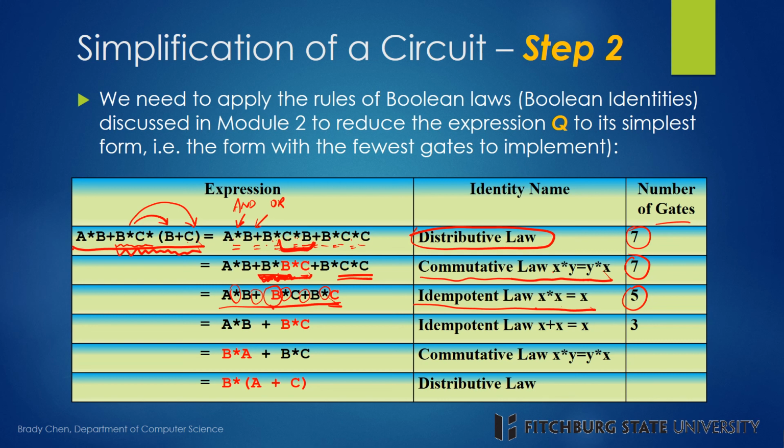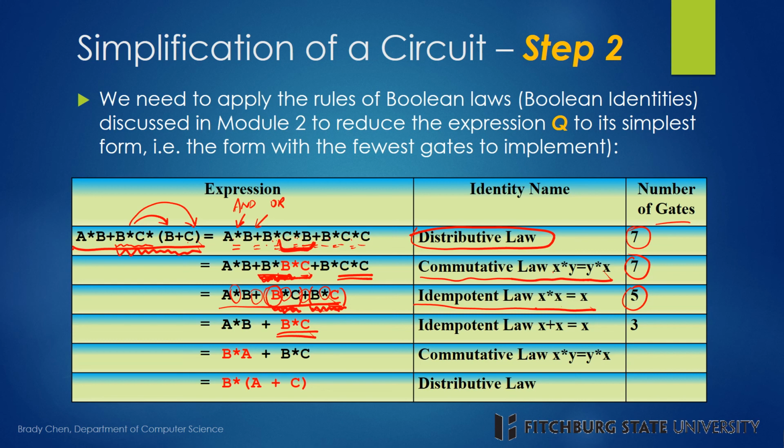The second term, B times C, and the third term, B times C. So these B times C and these B times C, they are the same. So I can apply the other version of the idempotent law, which says X plus X equals X. So now here X is B times C, and so we have B times C plus B times C. So we can actually reduce the number of B times C from 2 to 1.